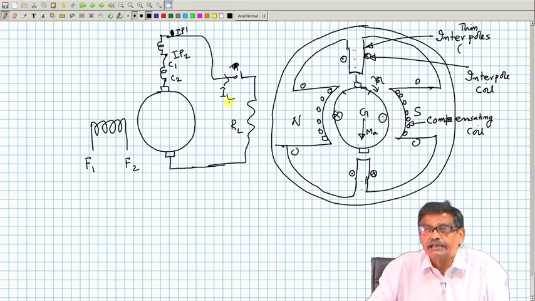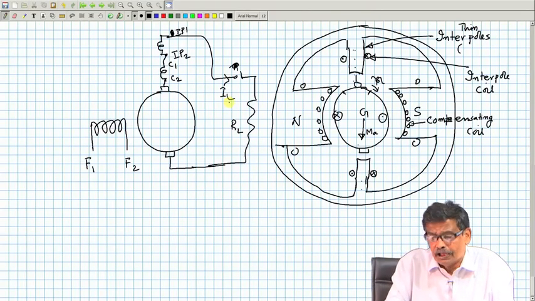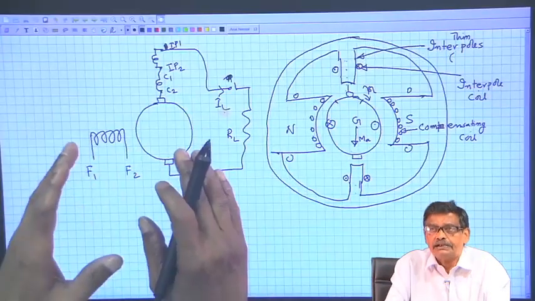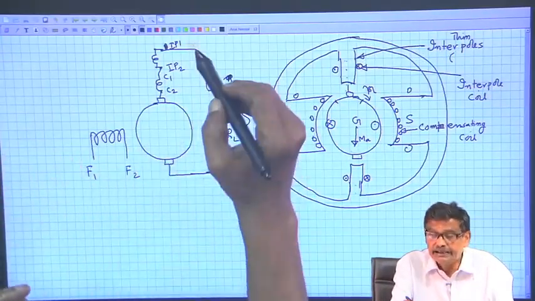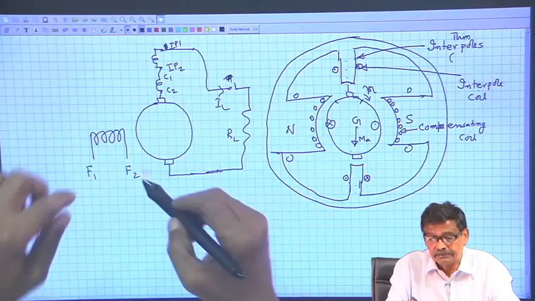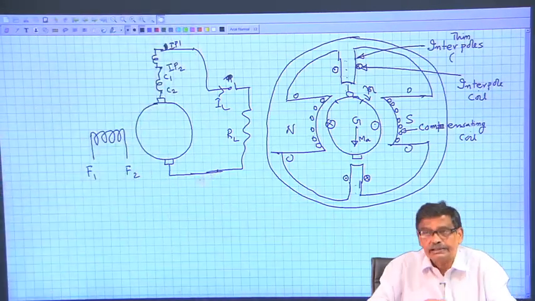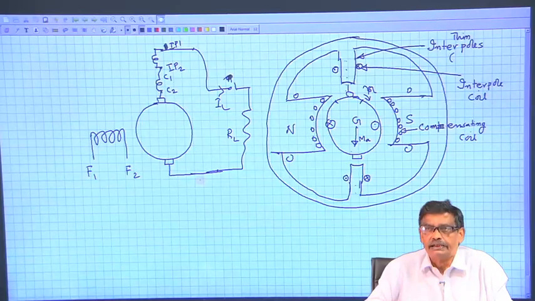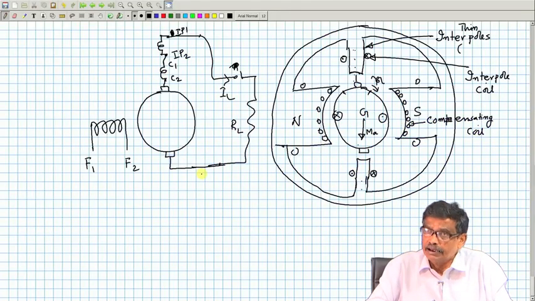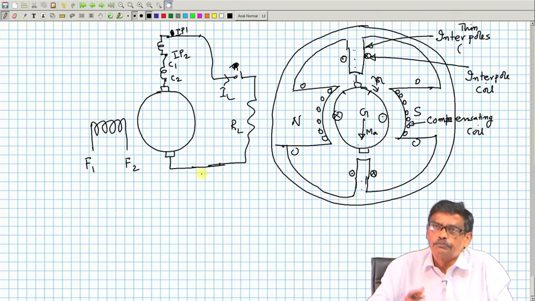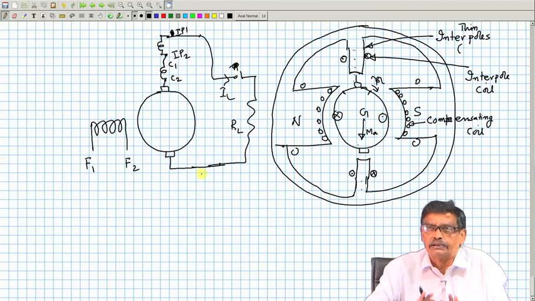Okay, what are the things happening in a DC machine? If you want to connect such a big machine as a generator, then treat these two as your armature terminals and connect field winding like that. I think you have got the idea. There are compound machines. I have not yet told about machines which have both field coils and series coil. That is a different thing altogether.